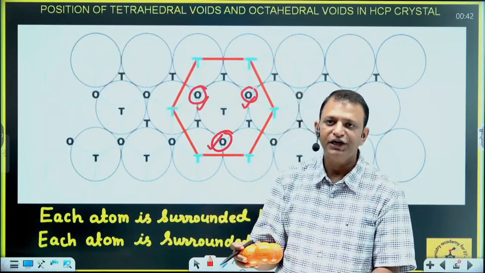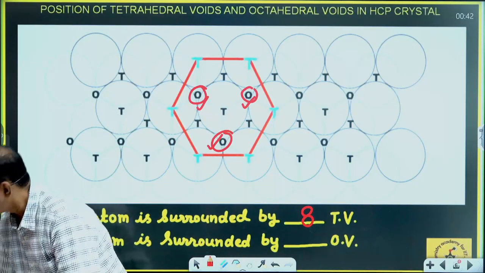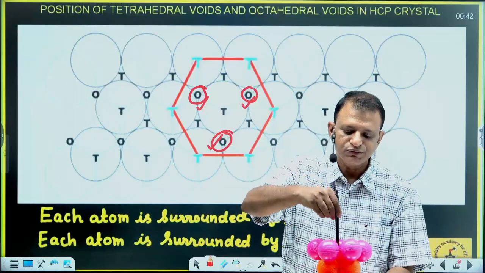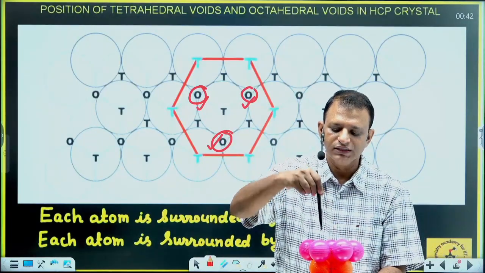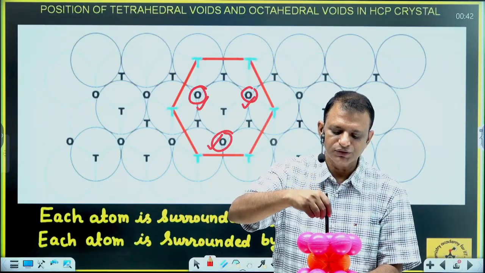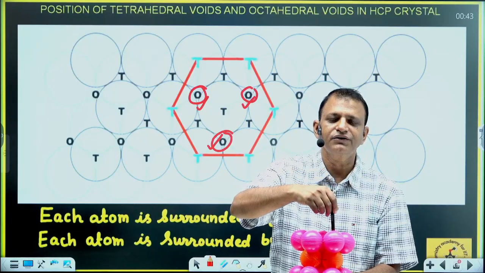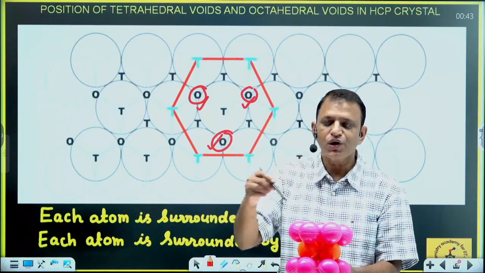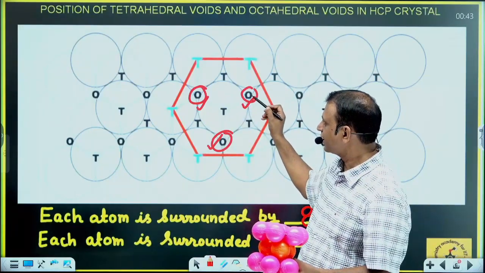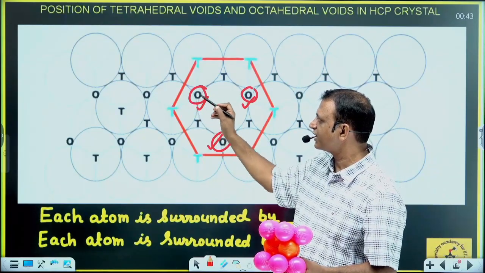Similarly, if we place another layer to form the hexagonal prism, in the same way we can discuss that this will be a position of octahedral void, this is a tetrahedral void, this is a position of octahedral void, this is a position of tetrahedral void, this is a position of octahedral void, this is a position of tetrahedral void. So with respect to this there are two octahedral voids, with respect to this there are two octahedral voids, with respect to this there are two octahedral voids.